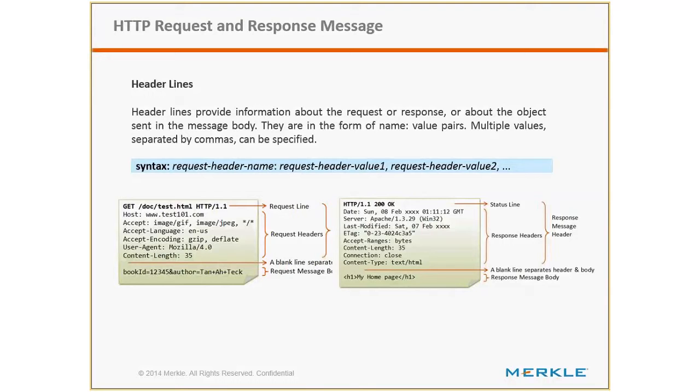The next ones are Accept-Encoding and User-Agent, Content lines. We will not talk much on this. If you are interested in other headers, you can study them after today's sharing.